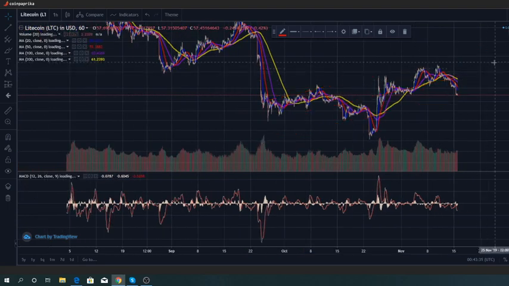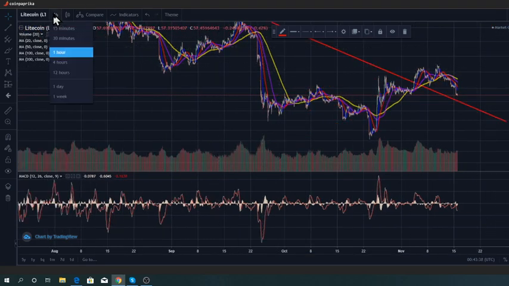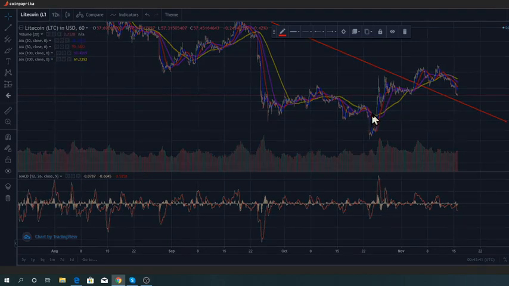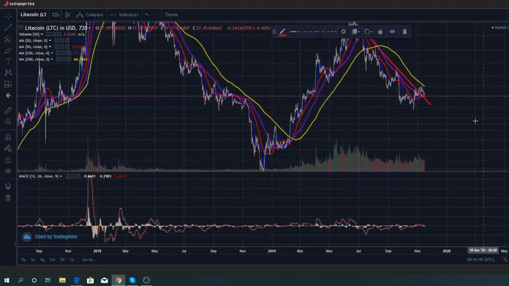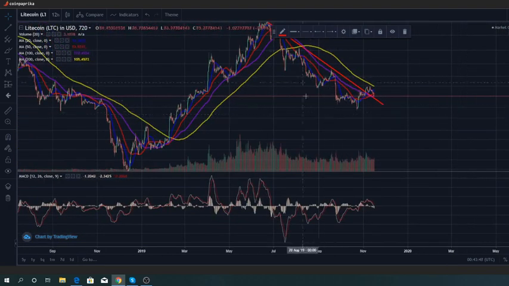This is an upward channel, right? And that's on the hourly. If you zoom out and look at the same thing in 12 hour or say 1 day, you may see there is a correction and it's making a higher high here, higher high here, higher high here. That's good, right? For the long term, it's really good.